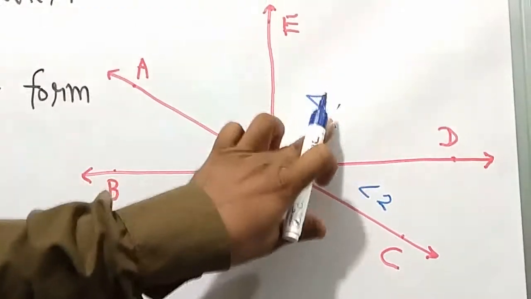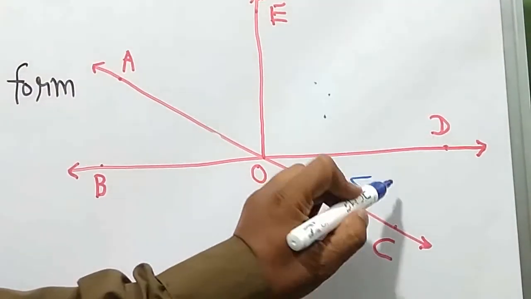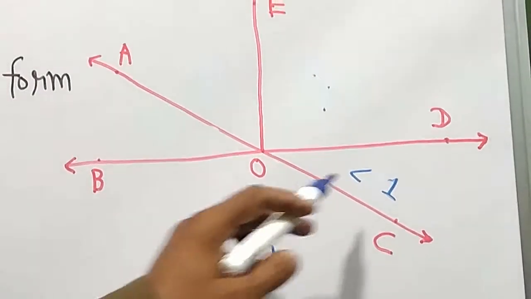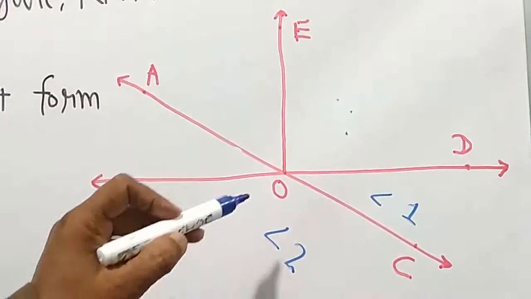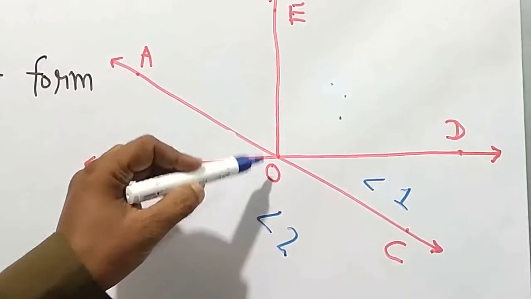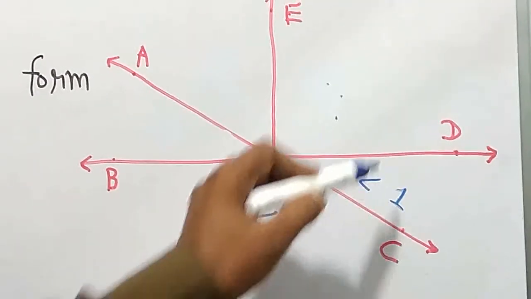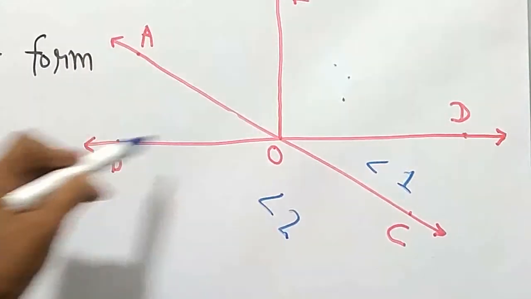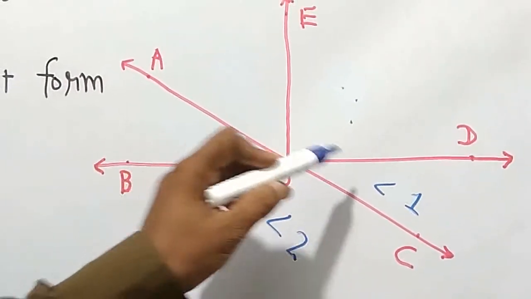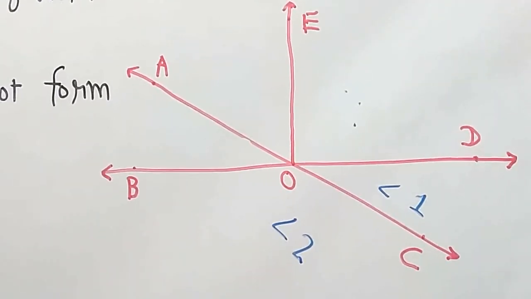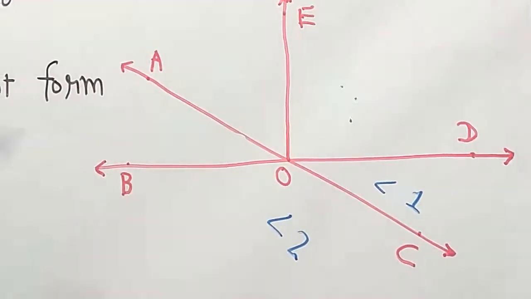Now suppose this is our angle 1 and this is our angle 2. Next pair. In this, again we are checking whether they are adjacent or not. It is adjacent because this is the common vertex and this is the common arm in these two angles, angle 1 and angle 2, and these two non-common sides are on opposite sides of this common arm. Angle 1 and angle 2 are adjacent angles.